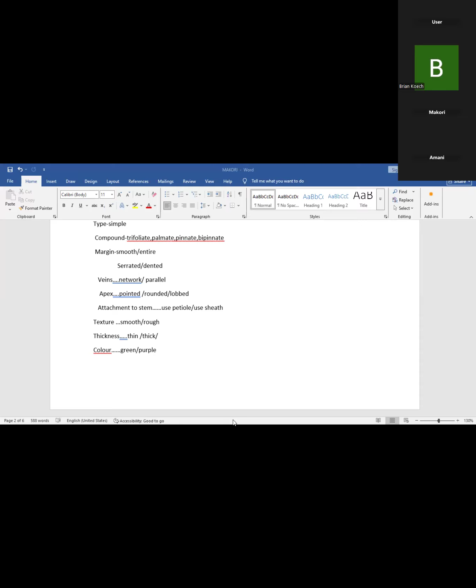I think that is whatever I wanted to respond to. Someone was asking, is a palmate leaf a simple or a compound leaf? A palmate leaf is a compound leaf because it has several leaflets within it. So it should be a compound leaf, not a simple leaf.